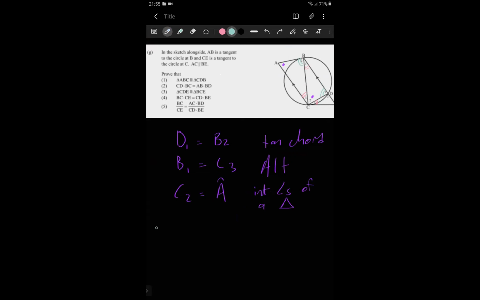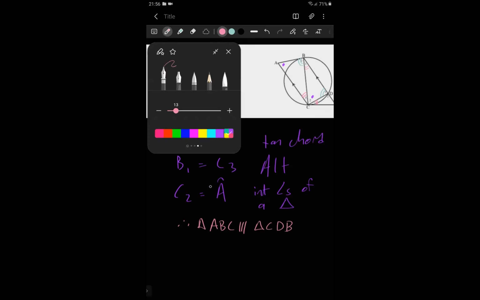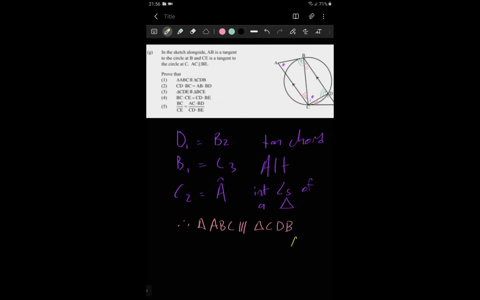Before we even do this, we have to say therefore triangle ABC is similar to triangle CDB. And the reason here will be angles.